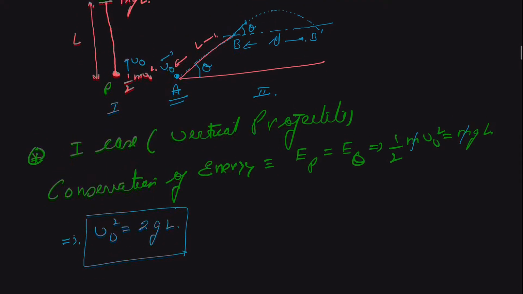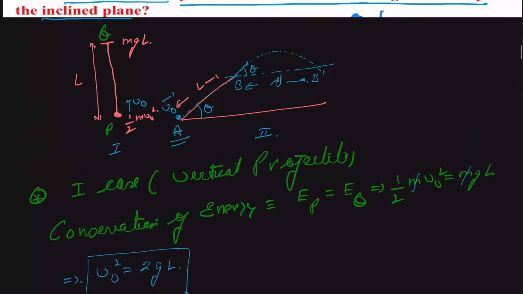And for this second case, let us assume that the height of this point B is our h. Okay, so we can say our h is equal to L sine of theta.